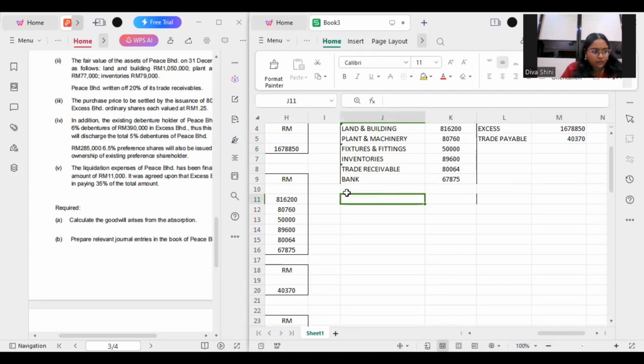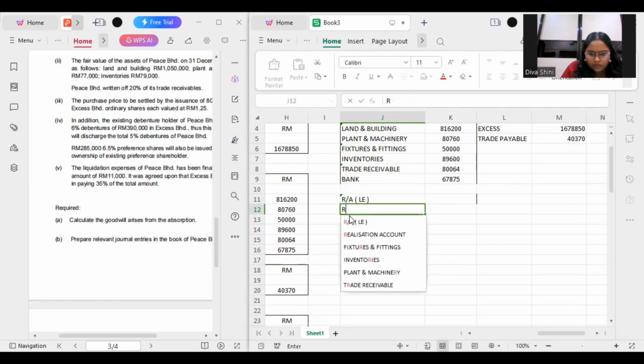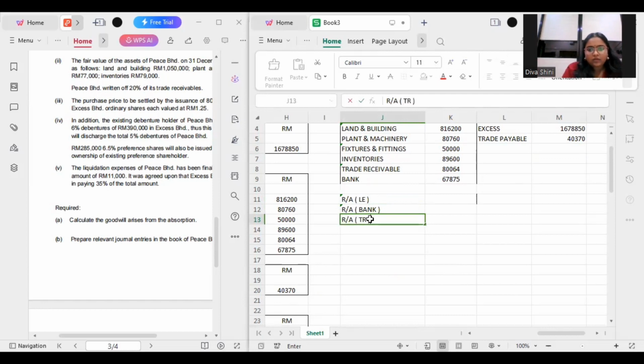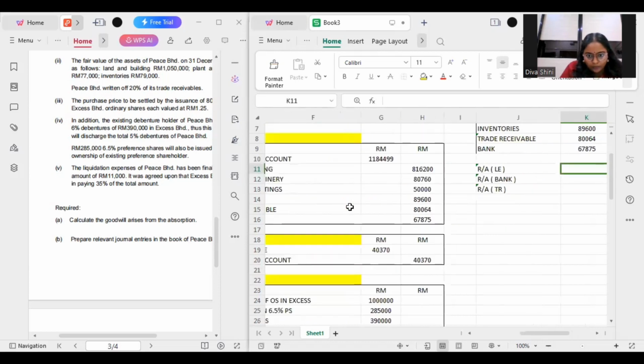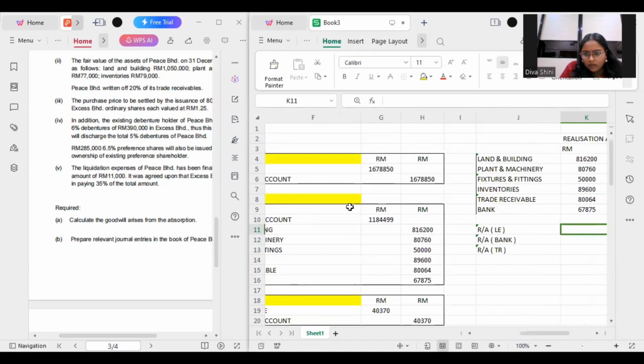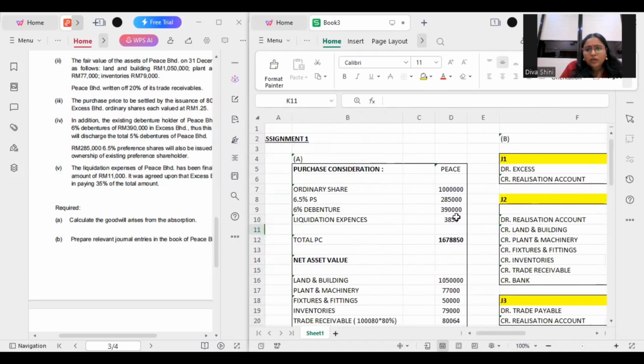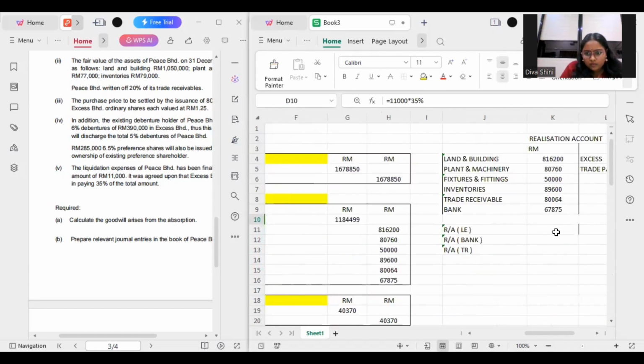So here we need to do realization account LE, realization account bank, and also trade receivable. RLE, we need to take it from the goodwill, 3850.